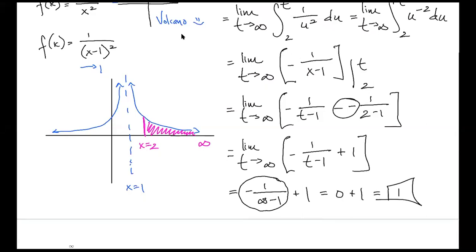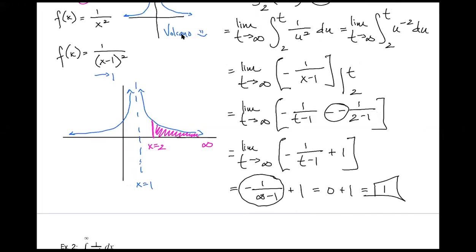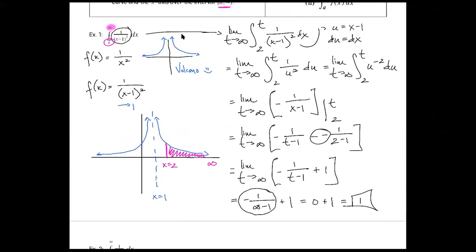And you folks were correct who said that it does drop fast enough, because after we plug in infinity, we're able to come up with an area. All this means is that this pink shaded area over here, starting at 2 and going all the way into infinity, has an area of 1.